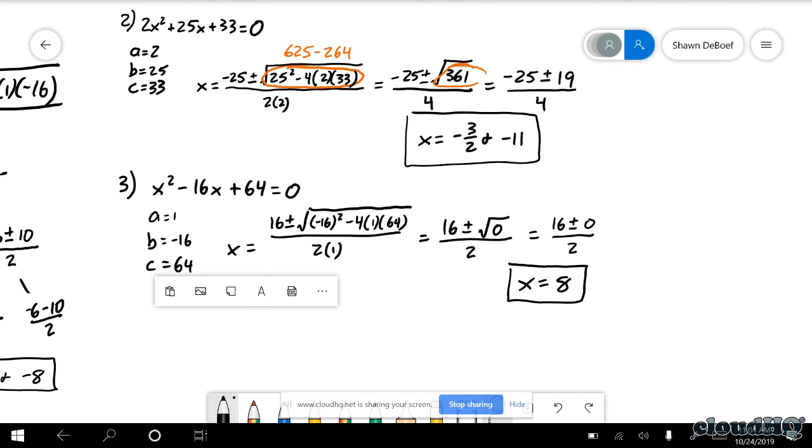It is possible, remember, to only get one answer. That just means the vertex of the parabola was the x-intercept, the only x-intercept. I want to look now at 2 more examples where we get answers that don't turn out as nice.